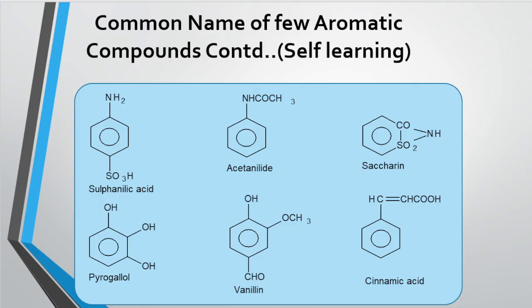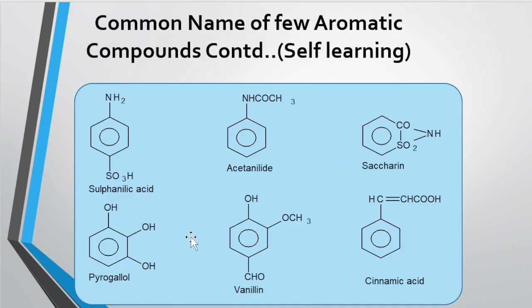But here, if all the three OH groups are side by side, it is called pyrogallol. And sulfanilic acid is nothing but NH2 and SO3H here. And cinnamic acid, saccharin. Saccharin is nothing but COSO2NH on the benzene, where COSO2 are connected by the NH group.